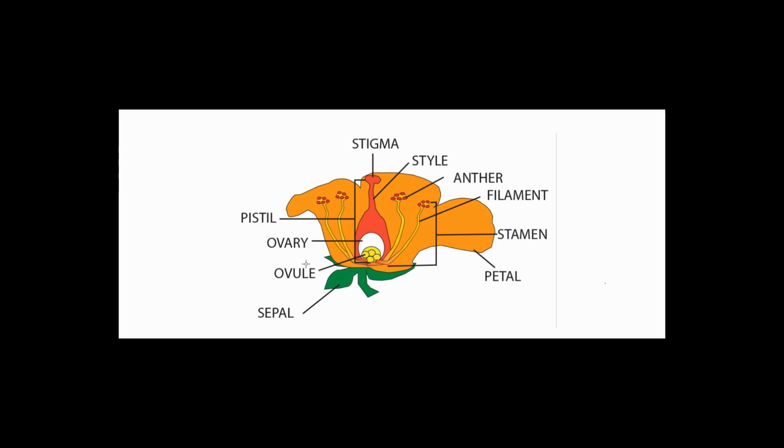On the next slide, this yellow structure is what we call the ovules. Ovules are enclosed with a structure called the ovary. And on this upper part, this is what we call the stigma.